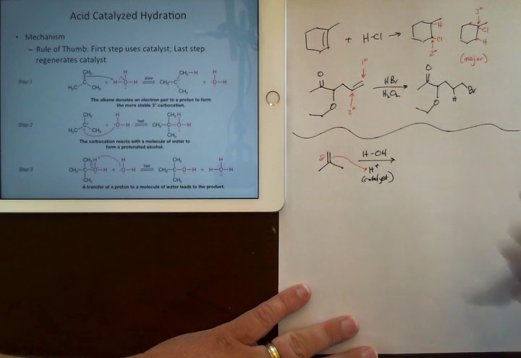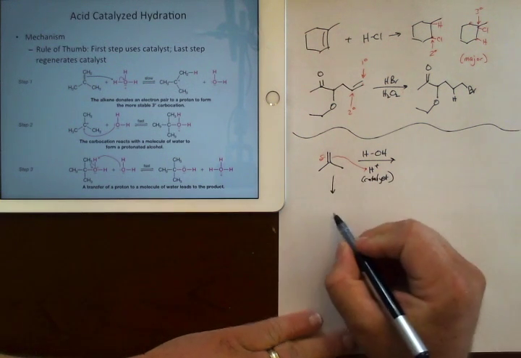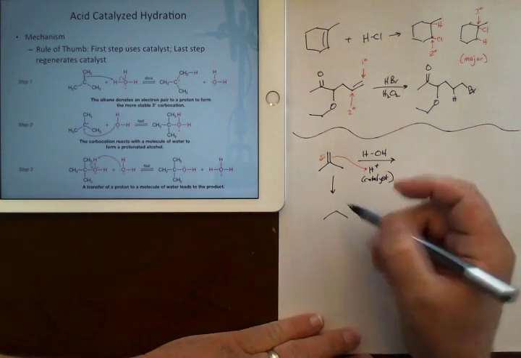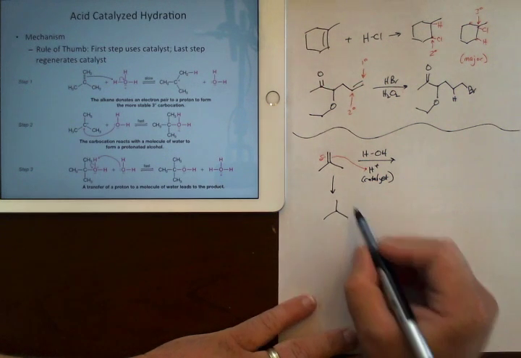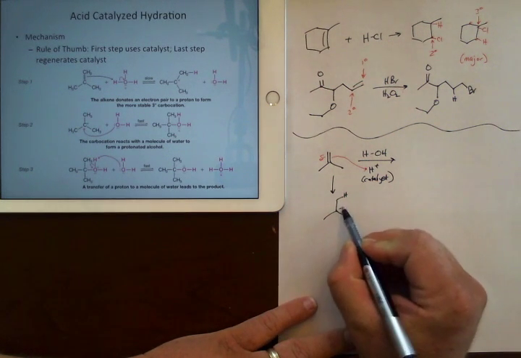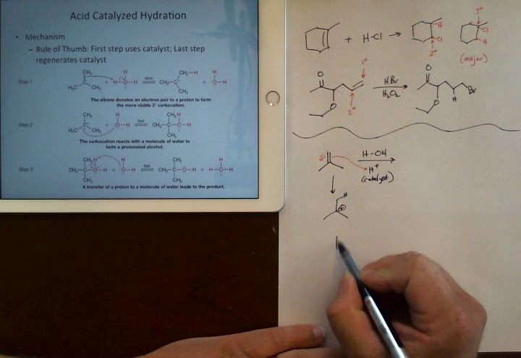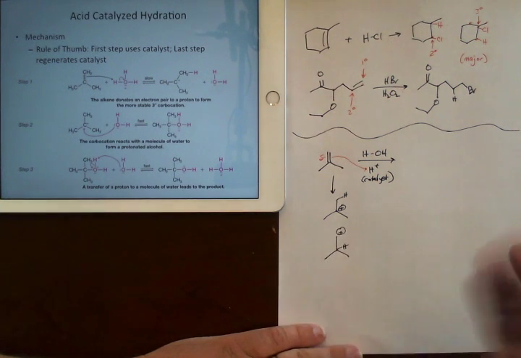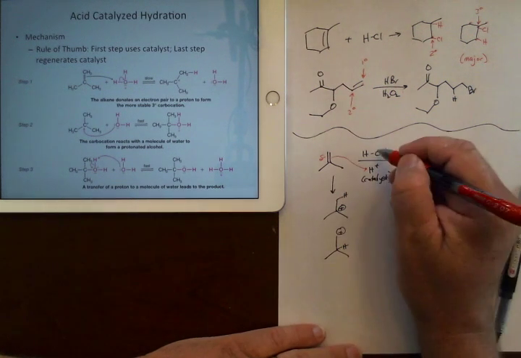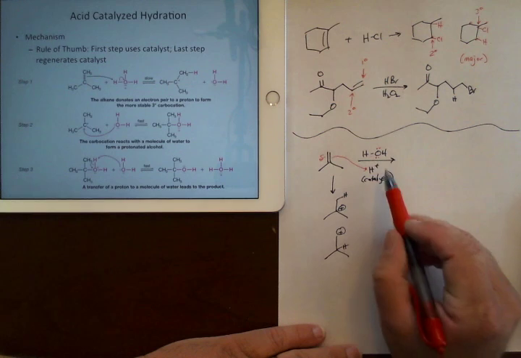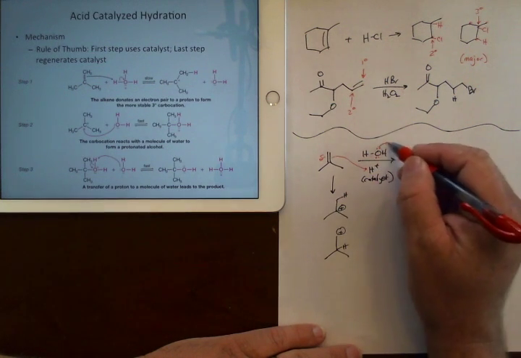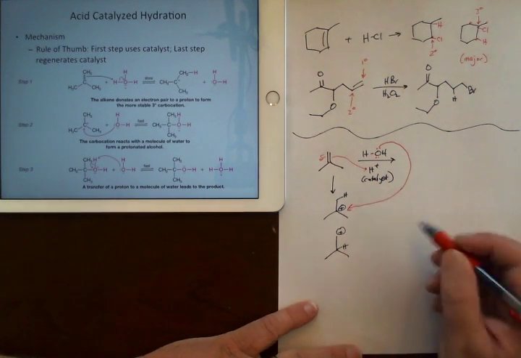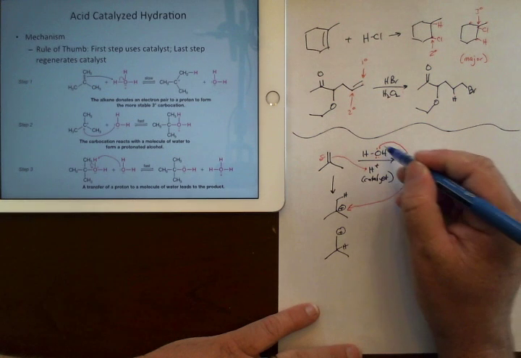And so you're going to end up with, you could do one of two ways. You can put that hydrogen there and the carbocation there, or you could put the hydrogen there and the carbocation there. You can do it either way. And then the lone pairs on the water are going to react here or here.